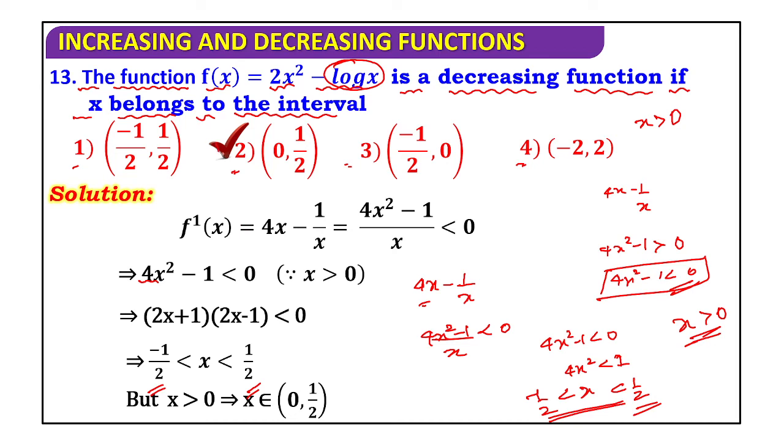That's why option 2 will be the right answer, because this is not true for log x, since for log x, x should be greater than 0. So if x is greater than 0, we can say the given function is possible. Therefore, it is possible only for (0, 1/2). Okay.